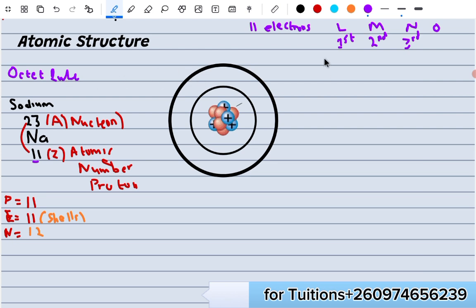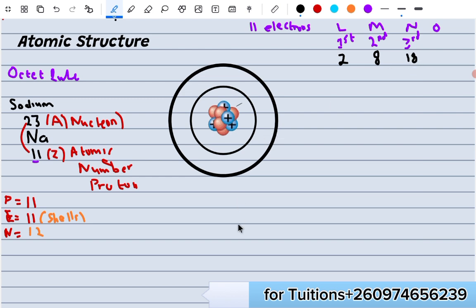The first shell can occupy a maximum of only 2 electrons. The second shell can occupy a maximum of 8 electrons. And the third shell can go up to 18.